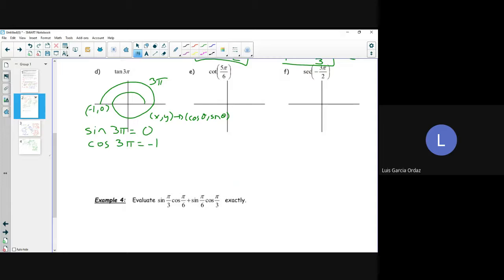So when we want to calculate tan of 3 pi, remember tan in a ratio is just y over x. We know our y value is 0 because sine gives us 0.